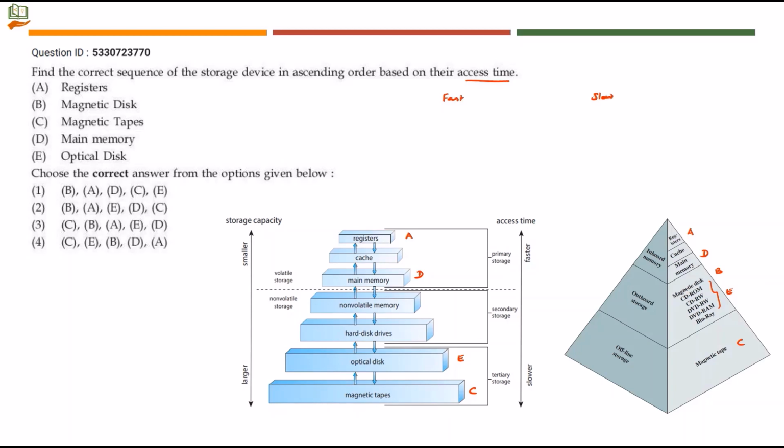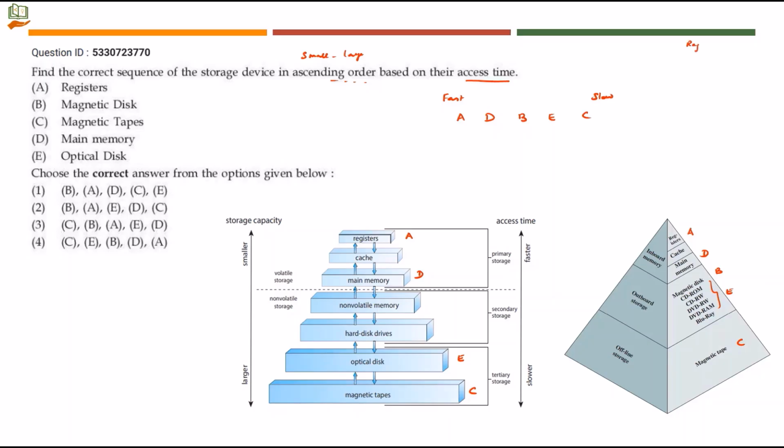Now what is the order you get from fast to slow access time? It is A, D, B, E, C. They have asked us to arrange the storage device in ascending order. Ascending order means small to large. What is the small value? It is small access time to large access time.